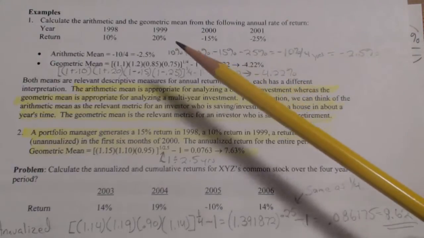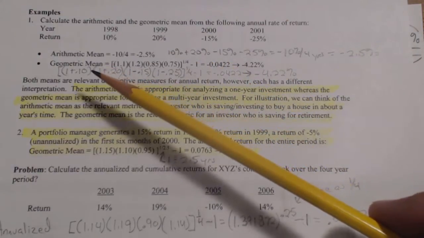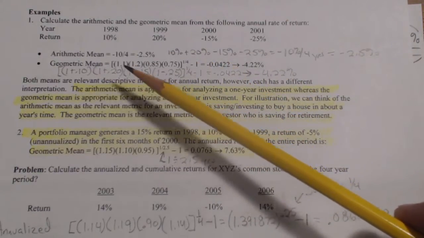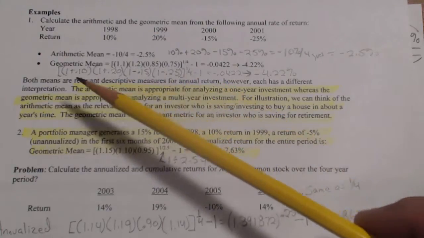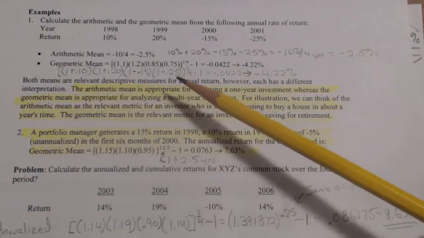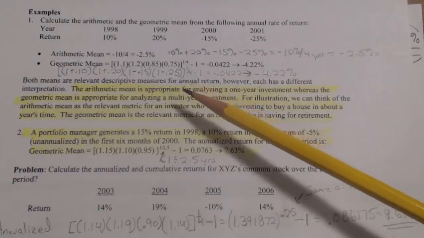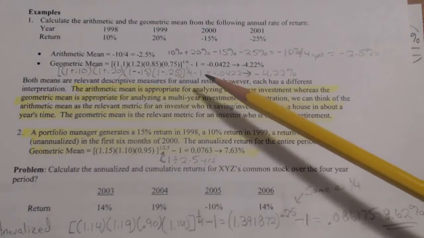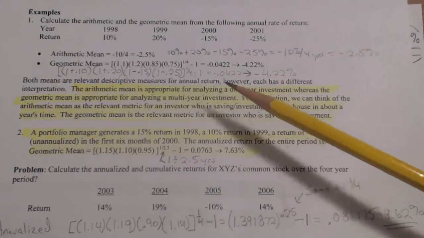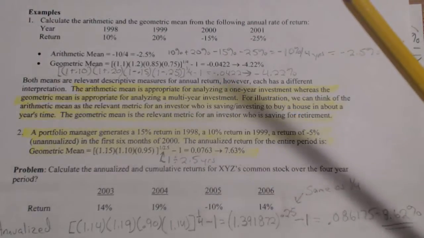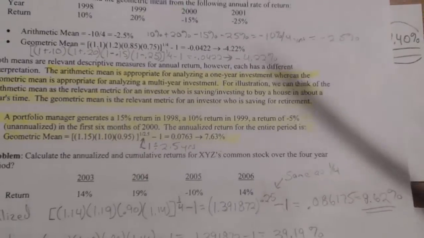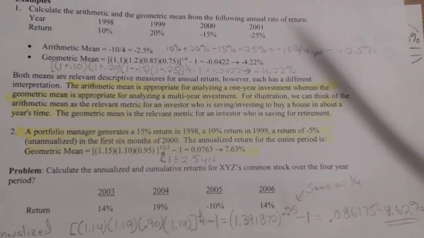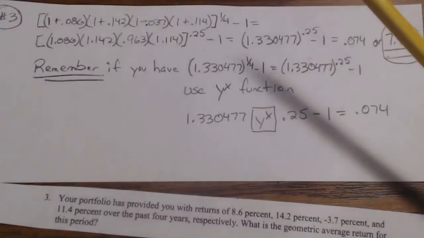So in this case, they're asking for the geometric average, which is the geometric mean, which means you multiply these together. You got to add 1 to them first so you can compound them. And then you take all that to the power of 1 over t and subtract 1 from it, and that gives you the percentage. And this is on page 60 of your workbook, this example I just showed you.